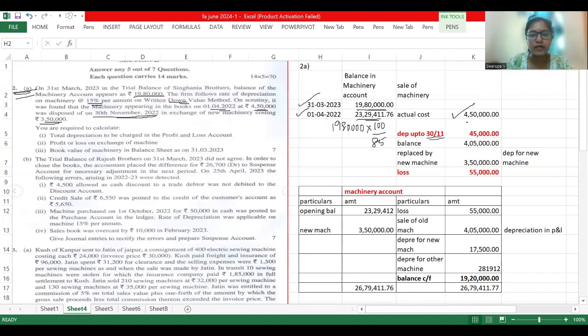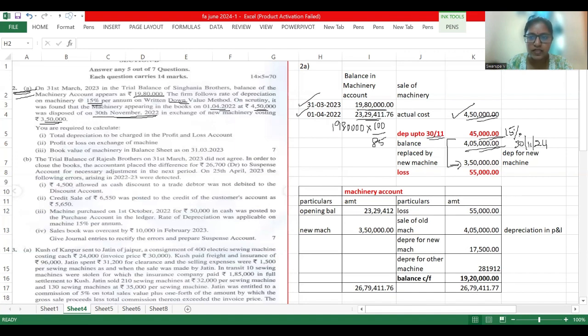So from April to November, we need to calculate depreciation at 15%. Once you reduce that depreciation from the opening cost, you will get the balance as on the date of sale. Okay, and the replaced assets value is 3,50,000.